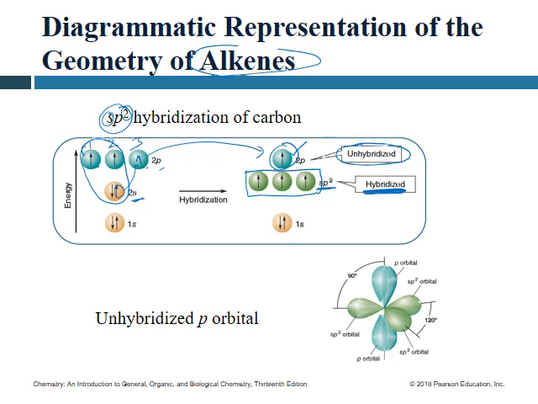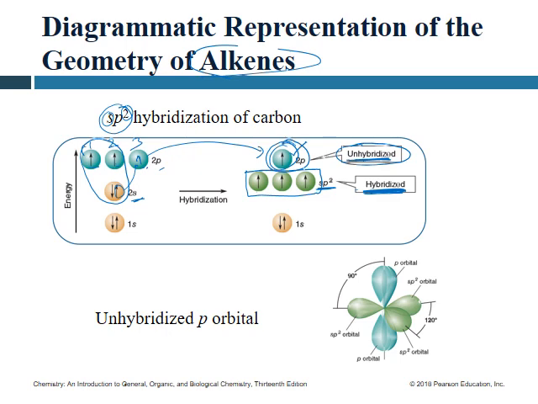Like I already explained, we use one s orbital and 2 p orbitals to make these hybridized orbitals. And as you can see, the energy of these hybridized orbitals is less than that of the unhybridized orbital. We'll see the purpose of this unhybridized p orbital in making an alkene molecule.